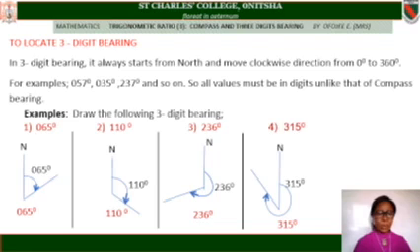Now, let's look at the next examples on 3 digits bearing. 1, 065 degrees. If you look at it, I told you that it must start from north. And that is why you see the arrow moving from north to what? Where it stops. And that is what is 65 degrees.